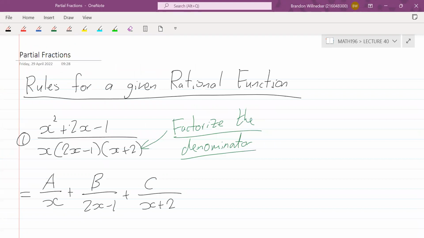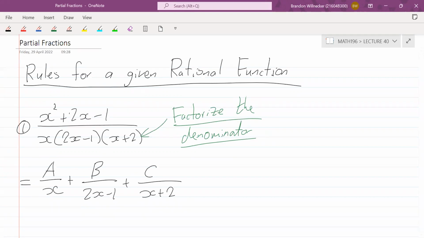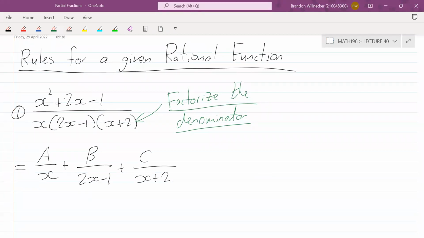If we had more terms, then we just add more of these fractions. These constants a, b, and c, there are two methods we can use to figure those out, but I'm going to save that for the example later on.